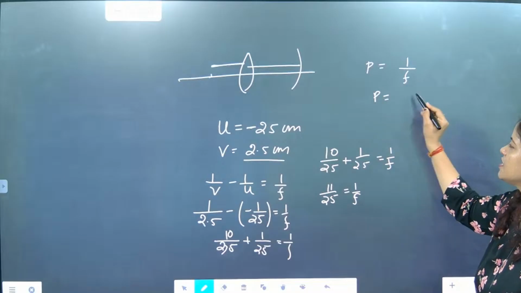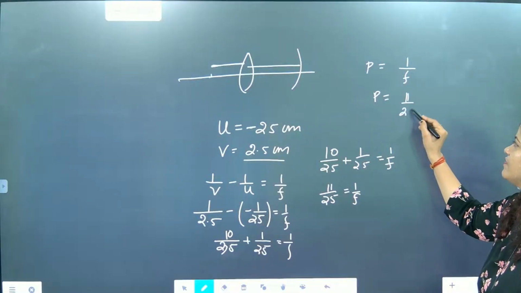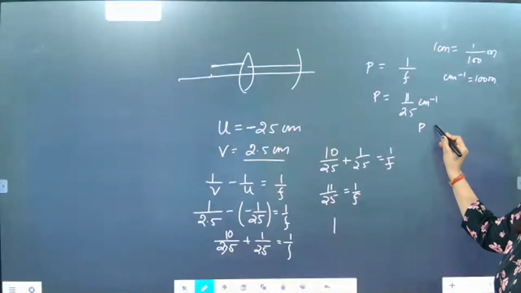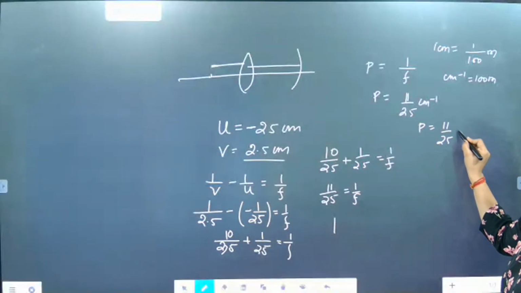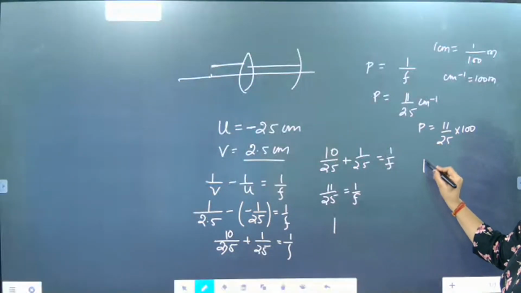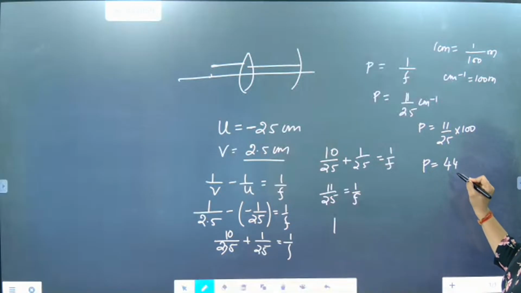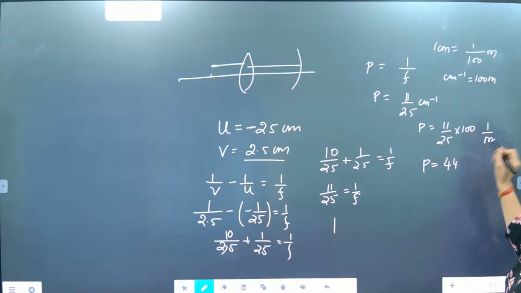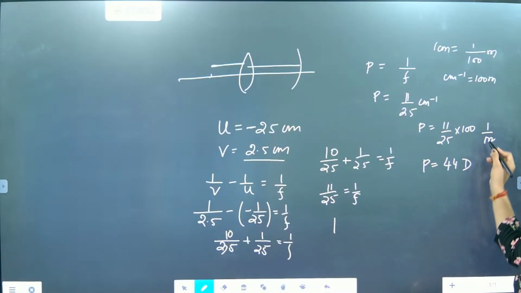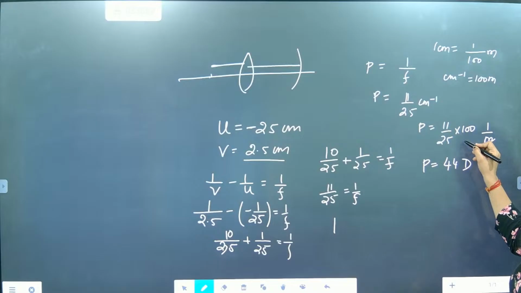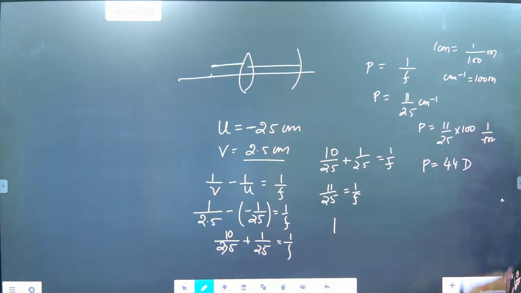Okay. So it is coming as 11 by 25, because 1 by f is 11 by 25. Power is equal to 1 by 25 into 100. And after solving, how much diopter am I getting? 1 by meter. Now what is the unit, beta? 1 by meter. And 1 by meter unit is diopter. Because the centimeter inverse part is there now, it will go up and become centimeter.